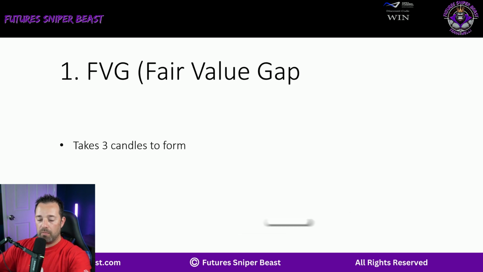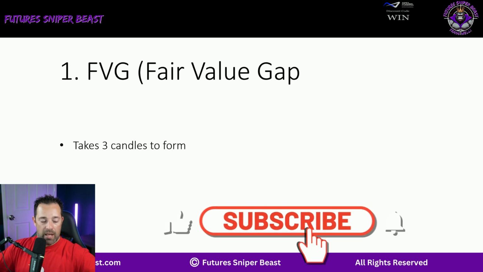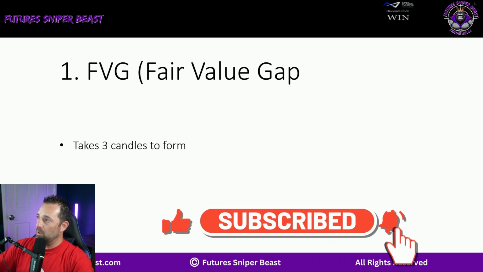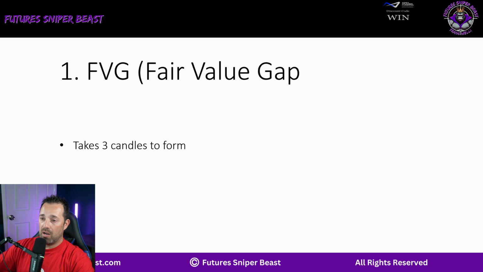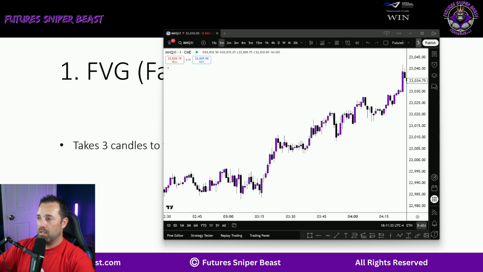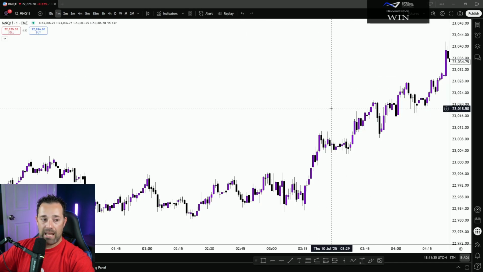A lot of people know what a fair value gap is. Most people have heard it as probably the most common ICT term there is right now. Fair value gap, fair value gap. Well, a fair value gap takes 3 candles to form. You have to have 3 candles. Let's go in here and show you what exactly that looks like.